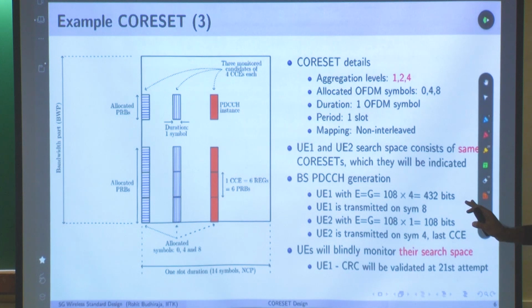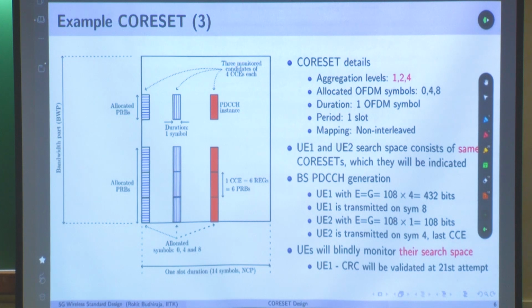Into 3, 12. 12 attempts, failure. Then how many attempts here, at aggregation level 2? 2 attempts. 2 into 3, 6. 18 attempts, failure. 19th, 20th, 21st attempt. That's how it will be. The difference here is that the aggregation levels have become more general.